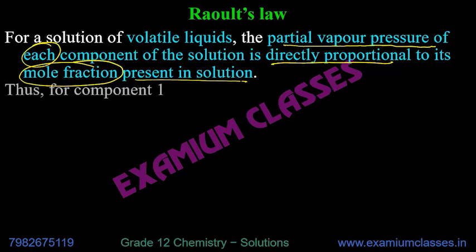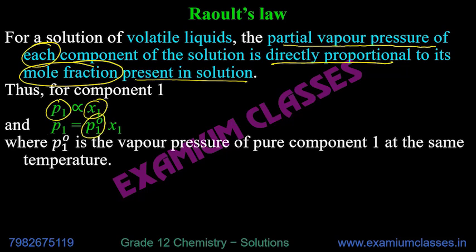So the way we write it is, for one component, the partial pressure is proportional to its own mole fraction. So we will write P1 equals P1 naught X1. So remember here we are not writing KH. Here we are writing P1 naught, where P1 naught is the vapor pressure of the pure component 1 at the same temperature.